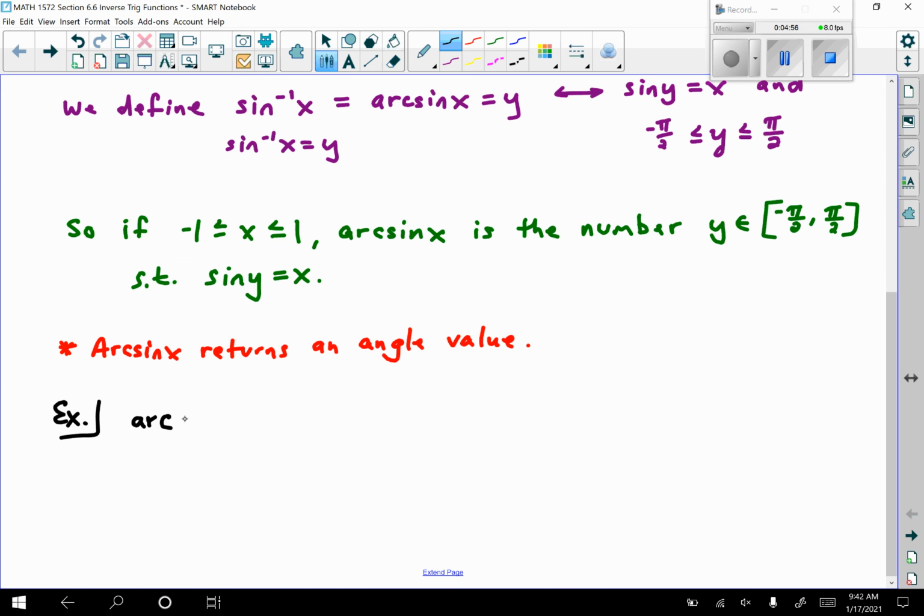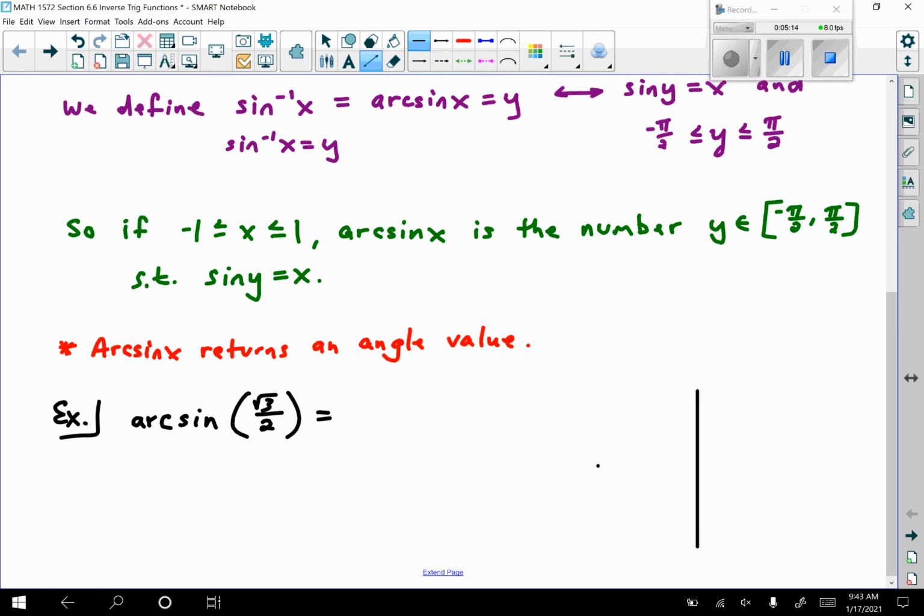Now for these problems, it's going to be very helpful to just review the unit circle. So again, I'm just going to make a quick sketch of the unit circle.